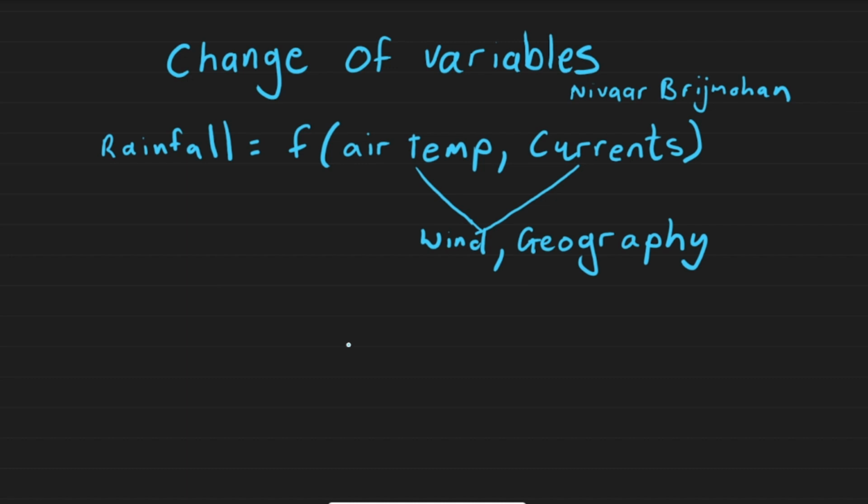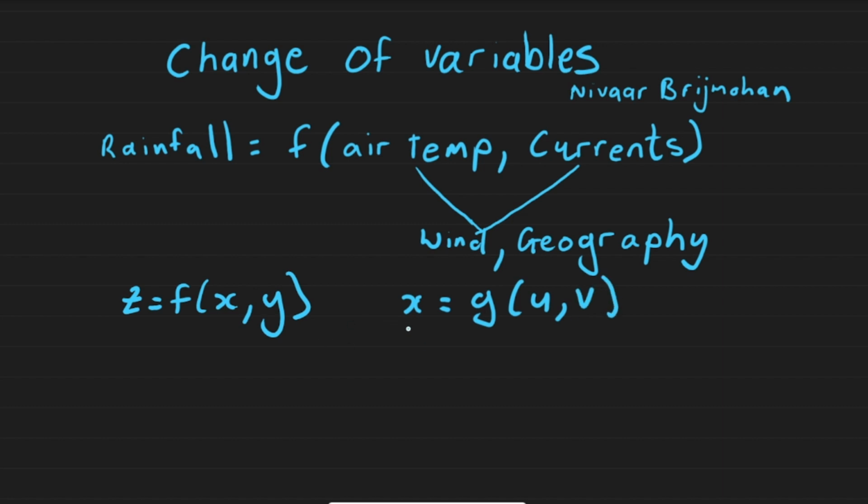So in terms of notation, we would say that z is some function of x and y. However, x is some function of two new variables u and v, and y is also a function of u and v.